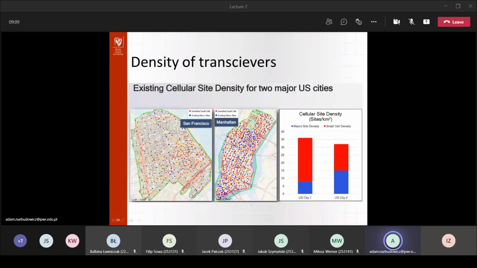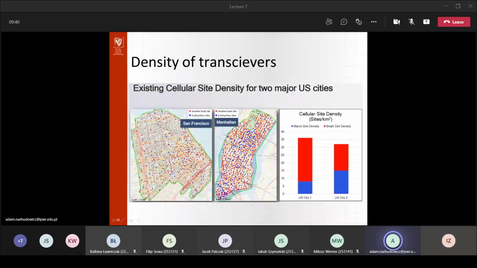If you look at Manhattan in New York and the city of San Francisco, both are quite vibrant, well-populated major cities. However, if you look at the density of base stations for mobile communication, you can see that the image here is actually much different.